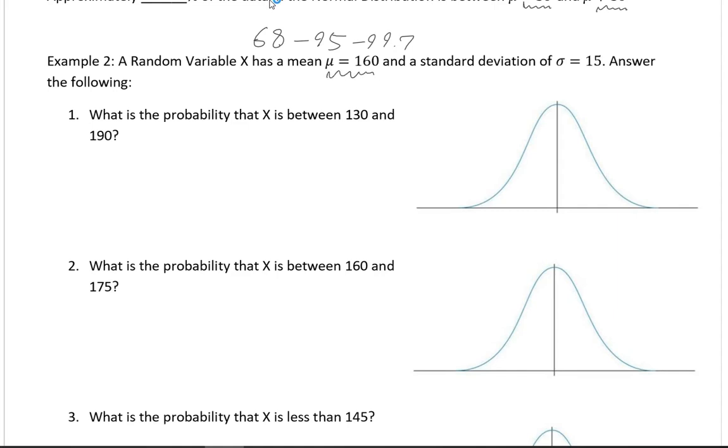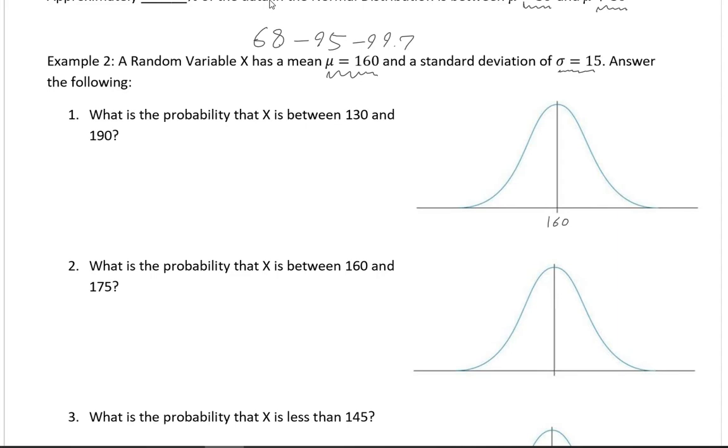The mean is 160, and so on this curve, I'm going to represent 160 directly in the middle. And then what we want to find is the probability that x is between 130 and 190. Well, I want to see this via the empirical rule. So what I can do is start to draw or indicate the values via the standard deviation. So let's go down.